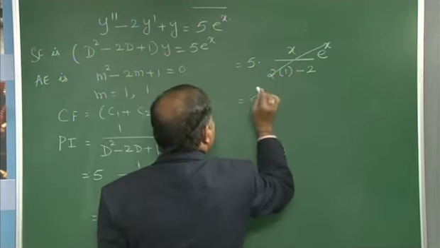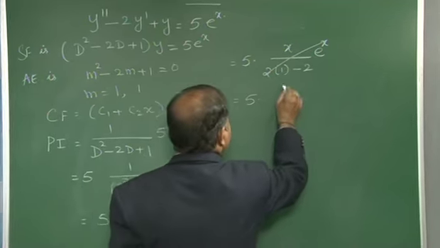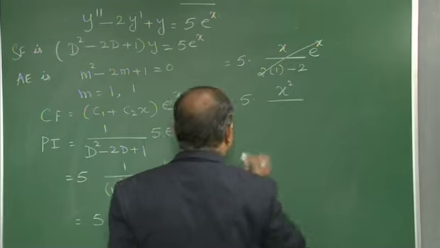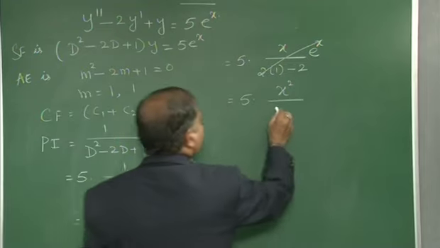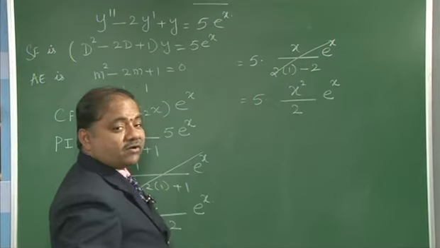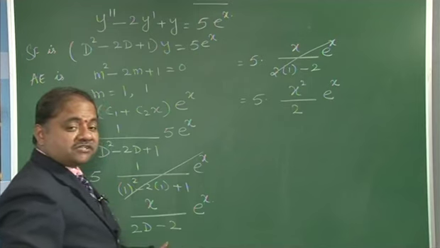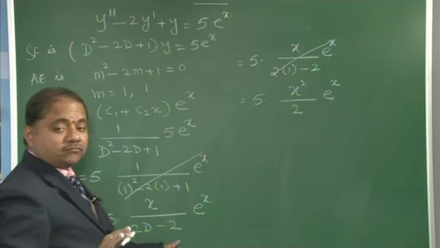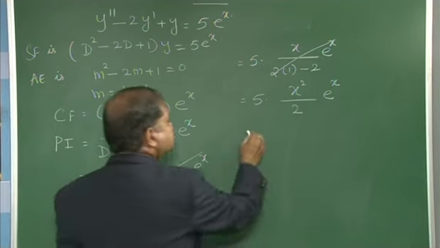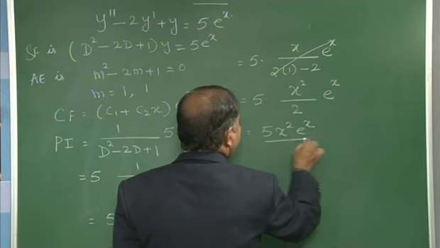What did we say? Multiply by x. Already x is in the numerator, one more x is multiplied, so x square. Divide by the differentiation of 2D minus 2: D differentiation is 1, and the constant's differentiation is 0, so it is 2. Now your answer is 5 x square e power x by 2.